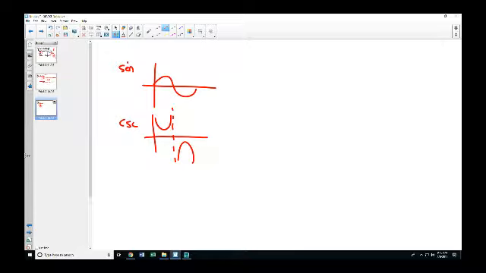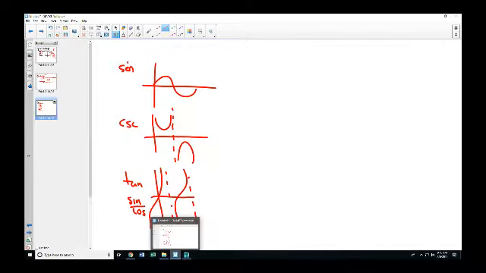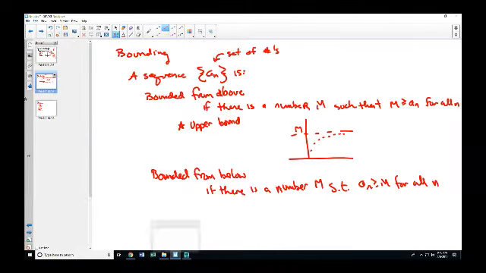Same thing with cosine and secant. Okay, tangent, where's tangent undefined? Sine over cosine. Whenever cosine is 0, which happens at pi over 2, the tangent actually looks like this. Funky, huh? There you go, sidebar.